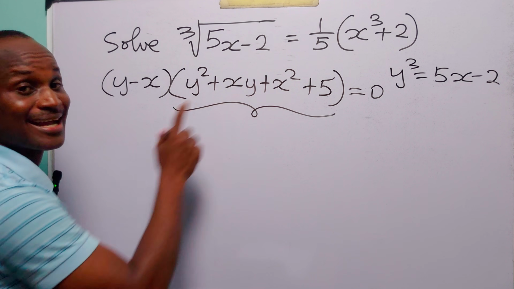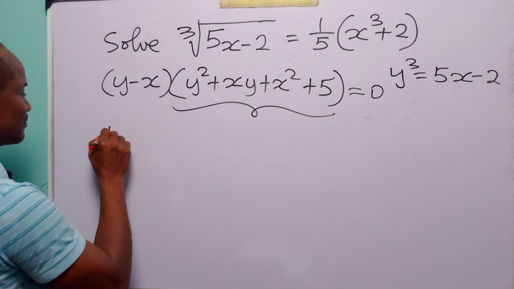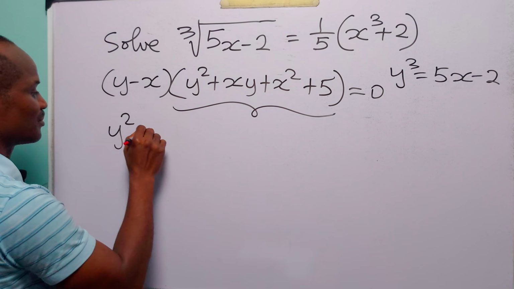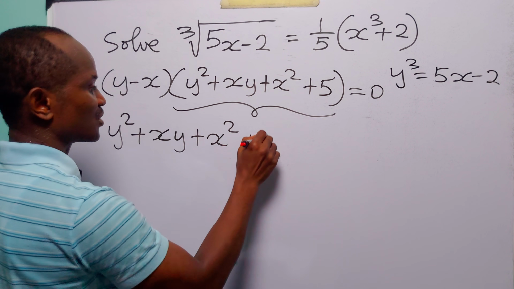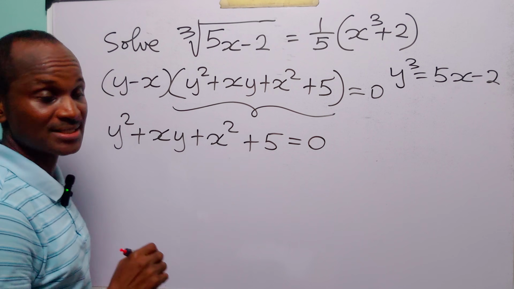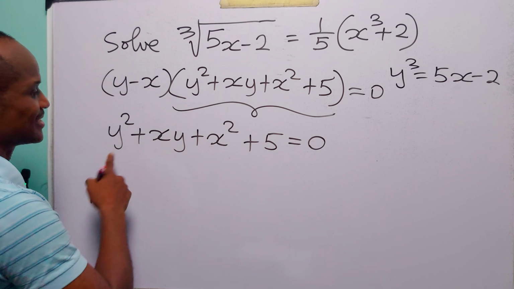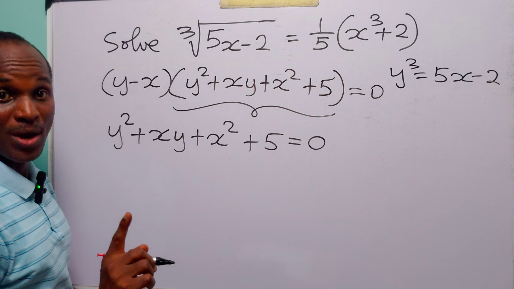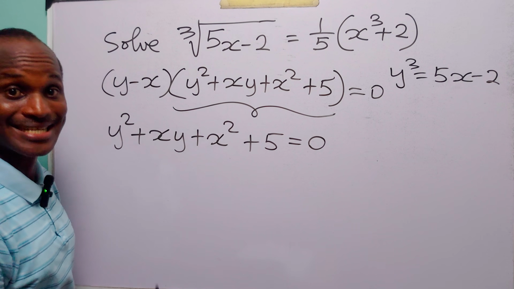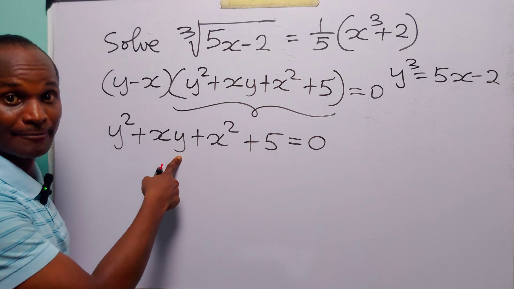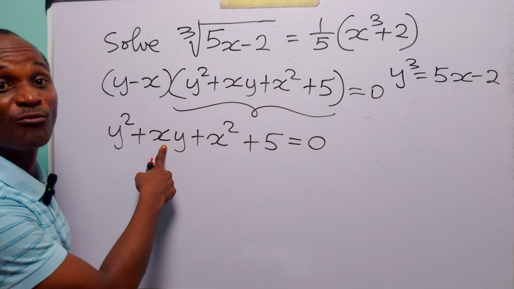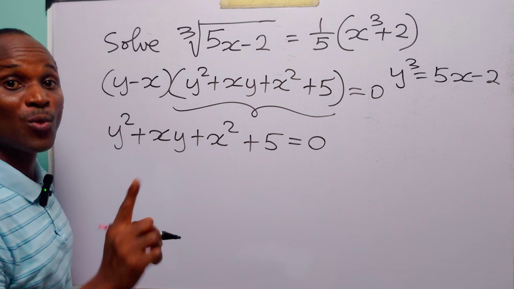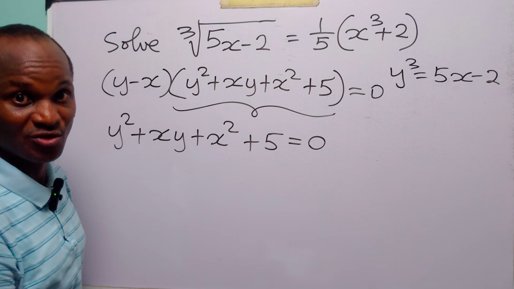Now let us start with the second expression. We have y squared plus xy plus x squared plus 5 is equal to 0. Now let us rewrite this expression. What we are going to do is that we will complete the square for y. Now to do that, we divide the coefficient of y by 2, square it and add and subtract.